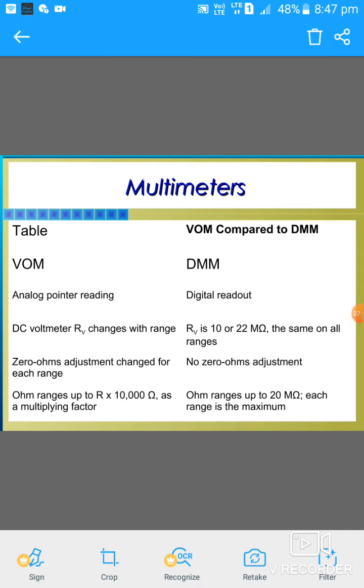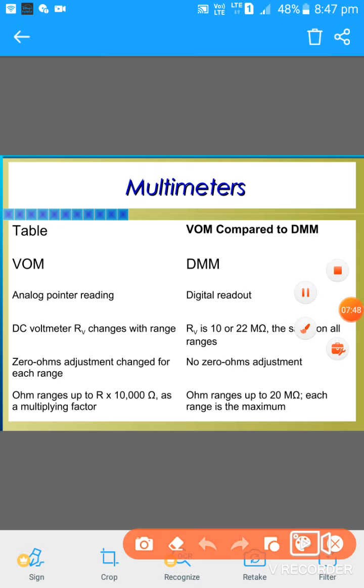The second is the DC voltmeter. RV changes with ranges in the volt ohm meter, while in the digital multimeter RV is 10 or 22 megaohm, the same on all ranges. The zero ohm adjustment changes for each range in the volt ohm multimeter, and in the digital multimeter there is no zero ohm adjustment. Next is the ohm ranges.